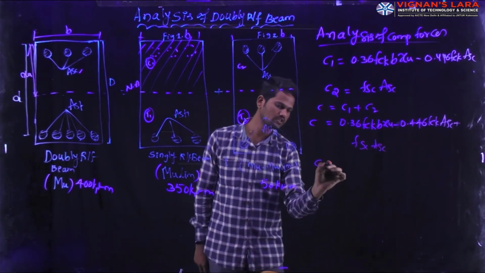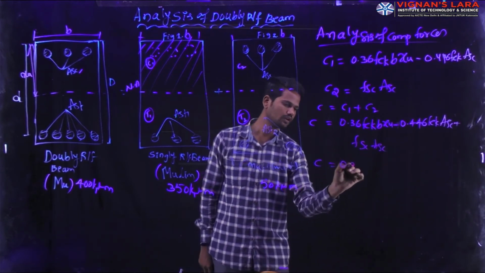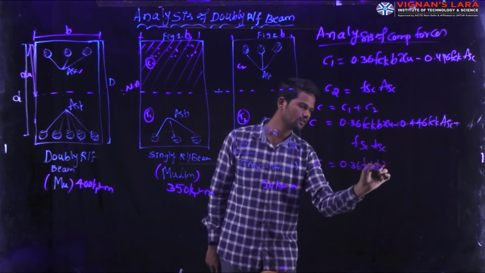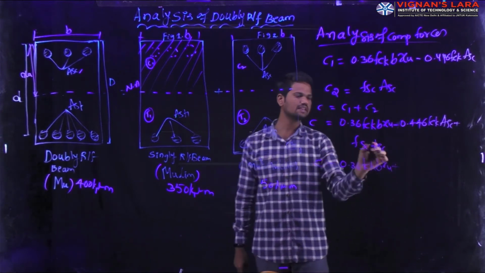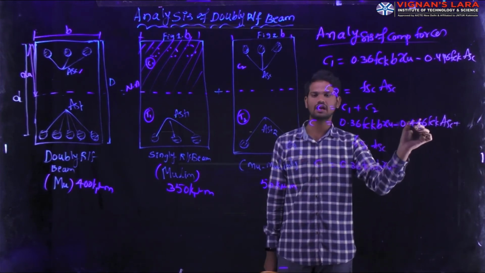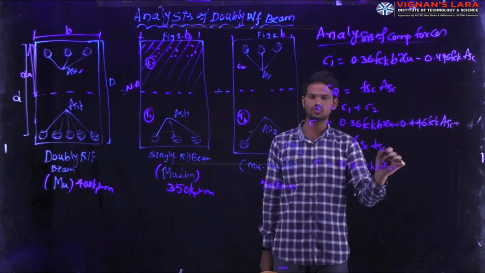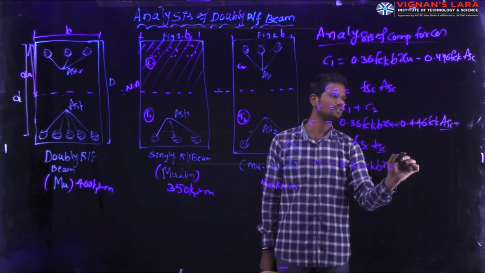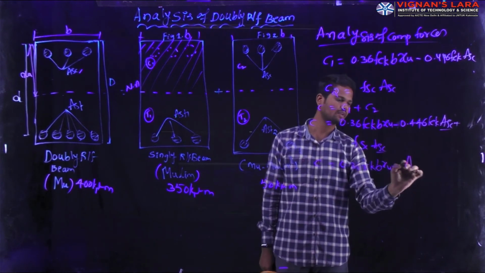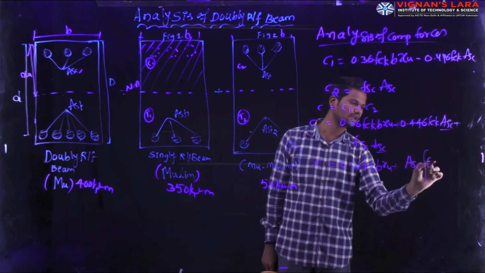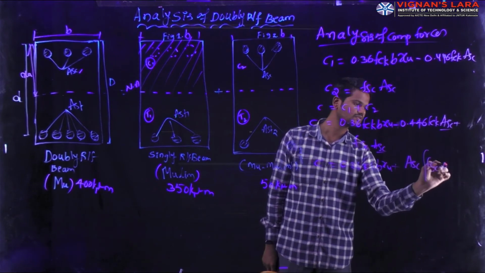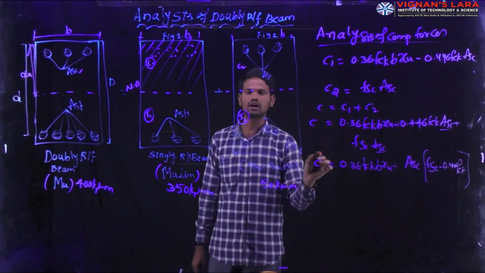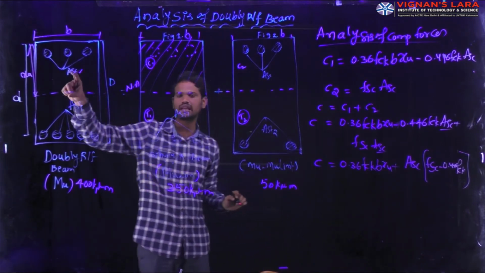So the total compressive force C equals 0.36 into FCK into B into XU, plus ASC, which is common in compressive force 1 and compressive force 2. Taking ASC as common, I get FSC minus 0.446 into FCK. This is the total compressive force acting on this doubly reinforced beam.